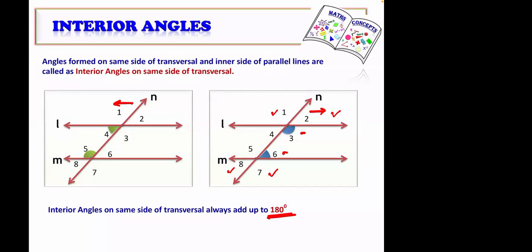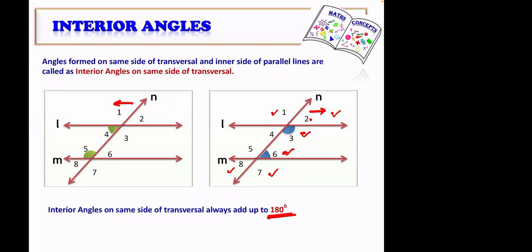But the property that we define is this one for interior angles. If these two are adding up to 180 degrees, both 2 and 7 also have to add up to 180 degrees.